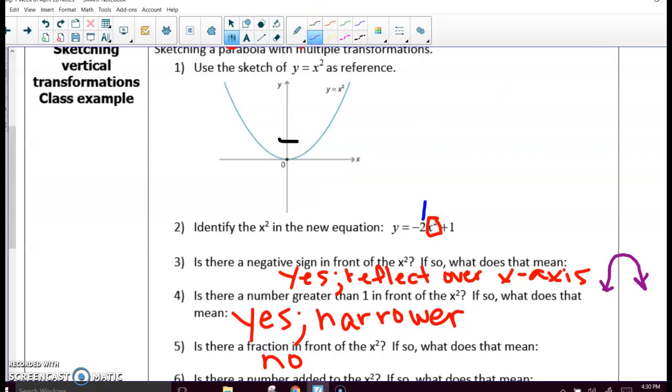It needs to be narrower than y equals x squared, and it needs to be opening down. So my graph should look something like that. It is reflected over the x-axis, it is narrower, and it is shifted up 1.